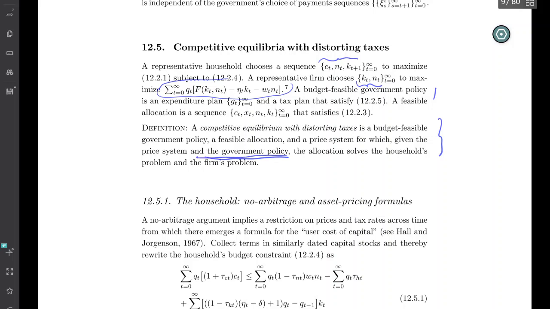See, we didn't have to do that in chapter 9 because there was no government, but now there is. And of course, the policy conforms to the budget constraint. Okay.